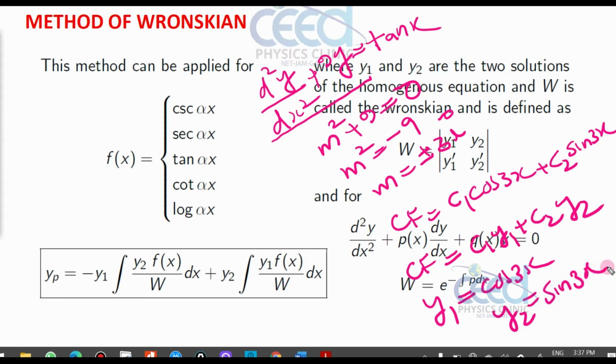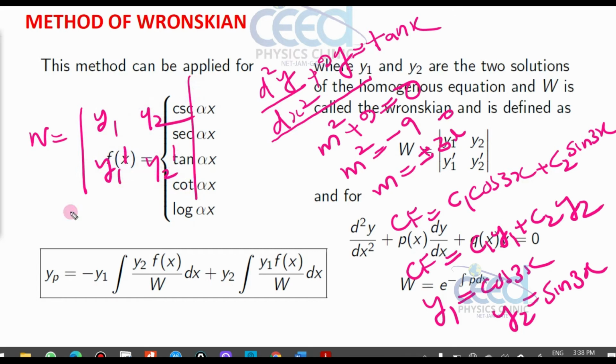Once you get this y1 and y2, you can define a determinant, the Wronskian determinant, that is equal to the determinant of y1, y2, y1 dash, y2 dash.